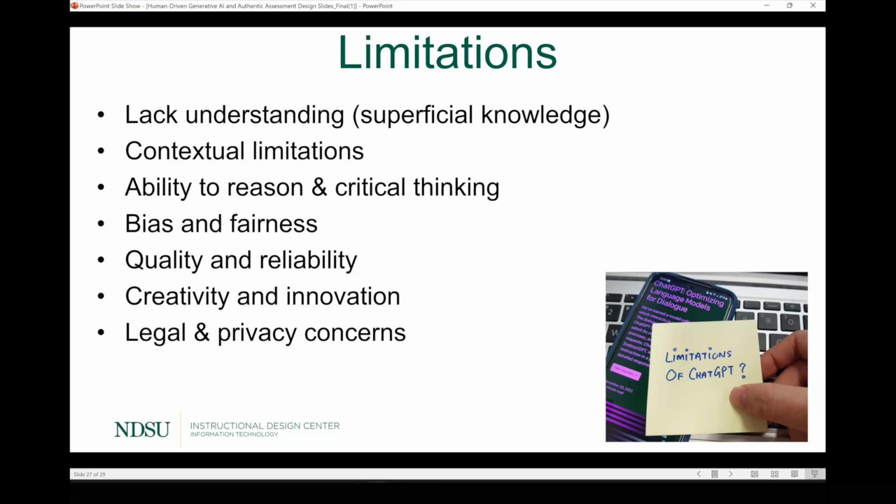It looks kind of superficial, like it came up with an 82-year-old elderly patient and said some nice things about that, but it's not a person. There are contextual limitations: unless you give more and more specific information about context, it can't really reason or critically think. That's what we're here for, to help our students learn how to critically think.